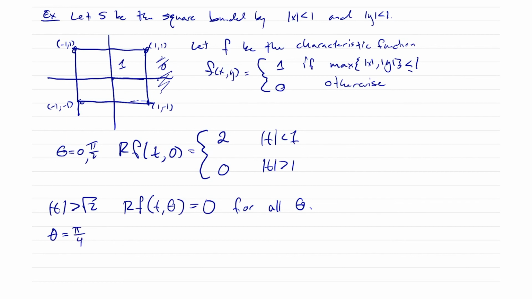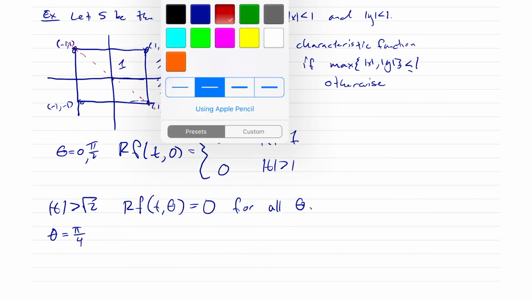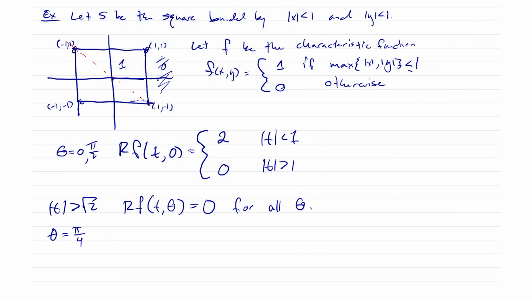What do we get? Well, in this case, the longest chord we're going to have is, we know that Rf of (0, pi over 4) is going to be equal to 2 root 2, right?